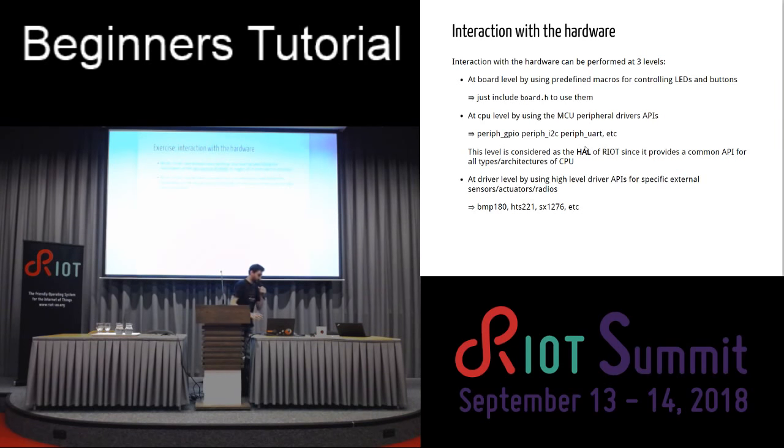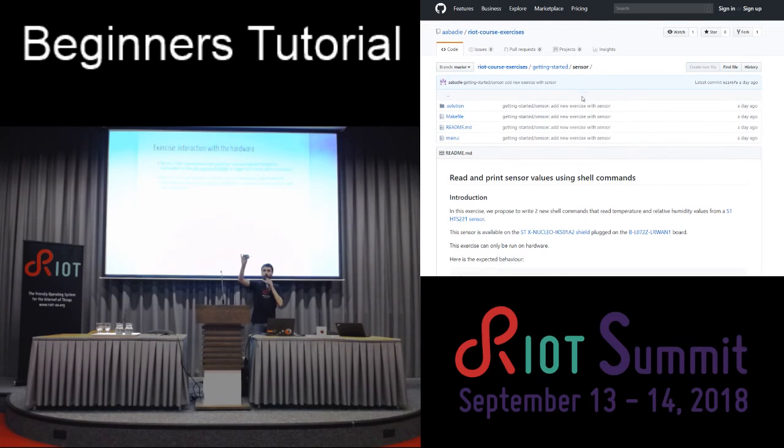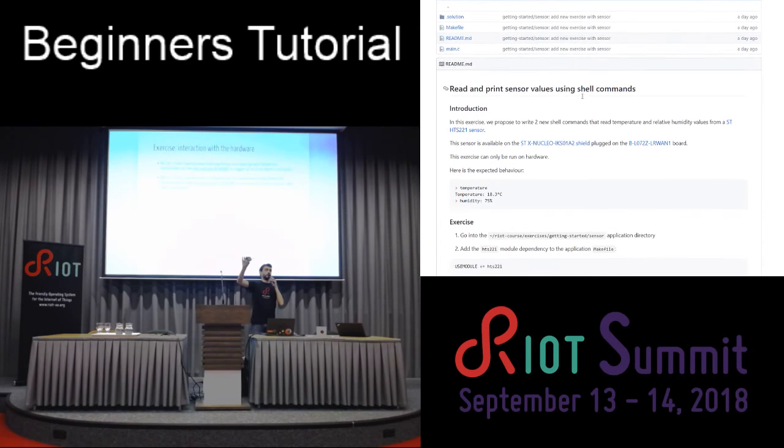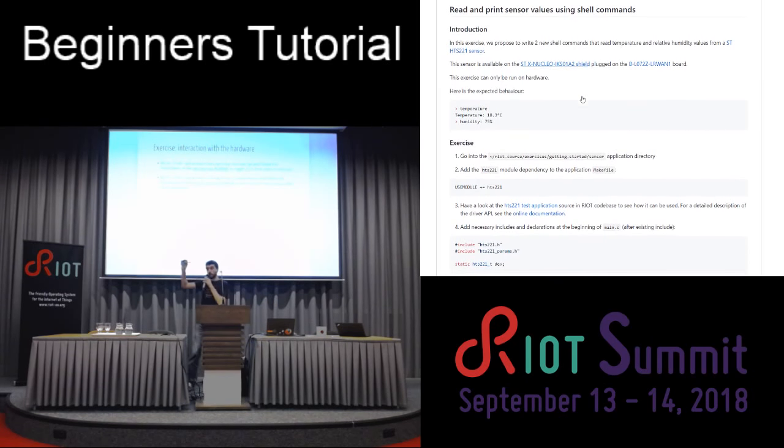So the next exercise: the first part, playing with the LED, you can skip it. Just go directly to the sensor exercise, okay? In this exercise, the idea is to use the I2C sensor that is plugged to the LoRa board to read temperature and relative humidity values.